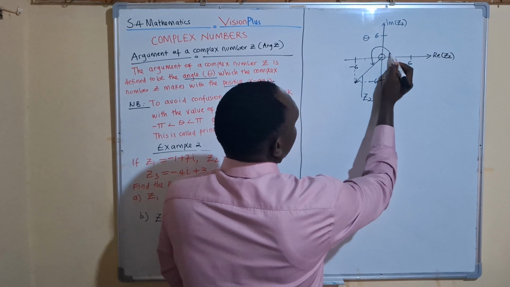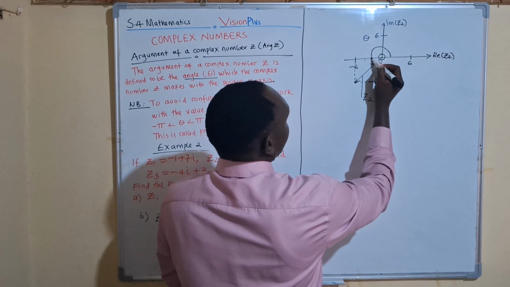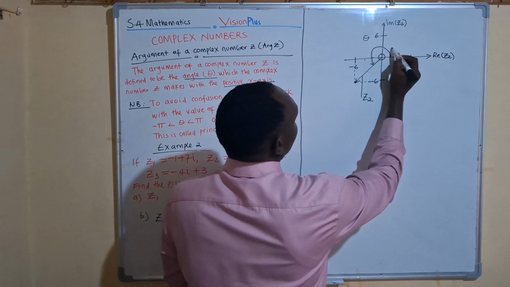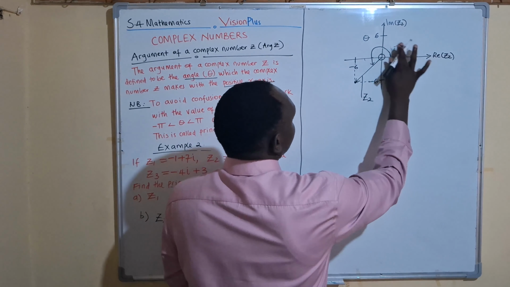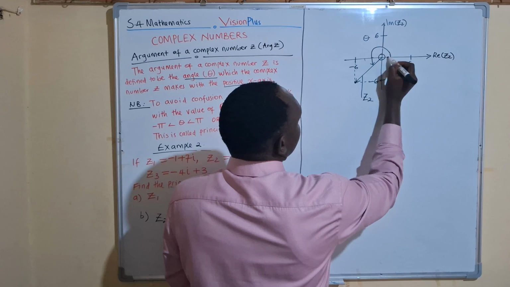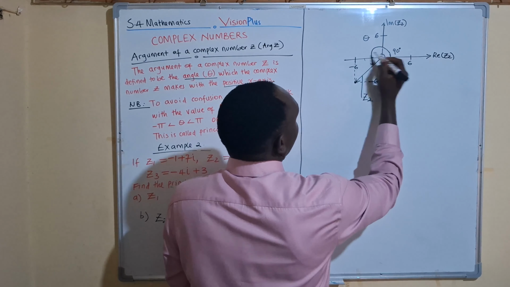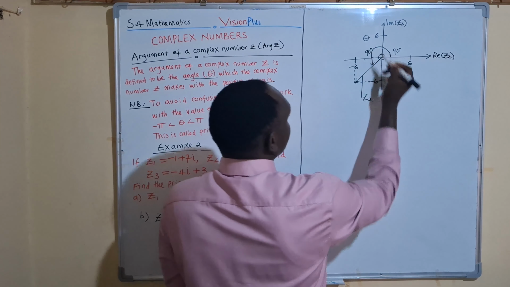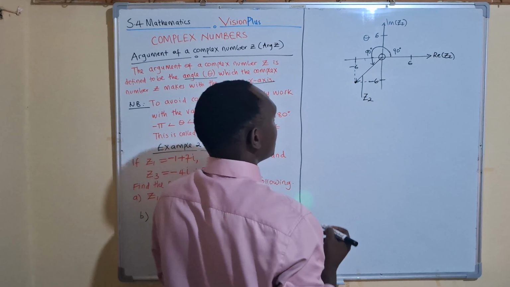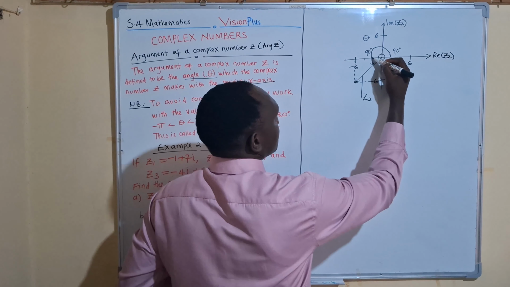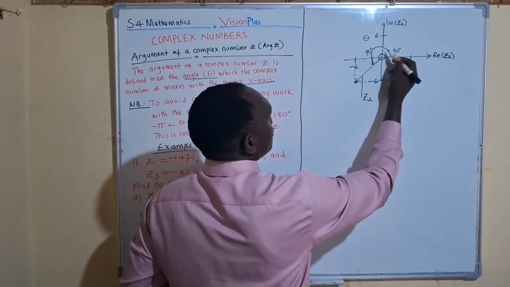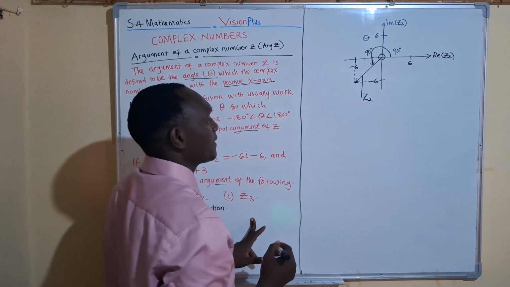Moving from here up to here is 180 degrees. Let me partition it: this side is 90 degrees and this side is 90 degrees, giving a total of 180 degrees. But we don't know this small angle, which we add to 180 to give us the argument.